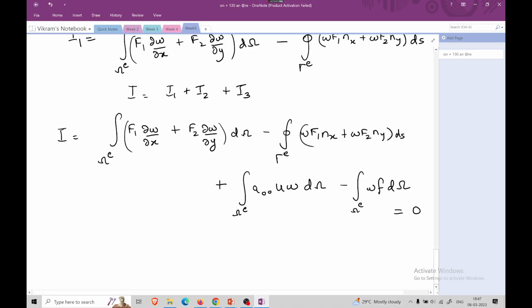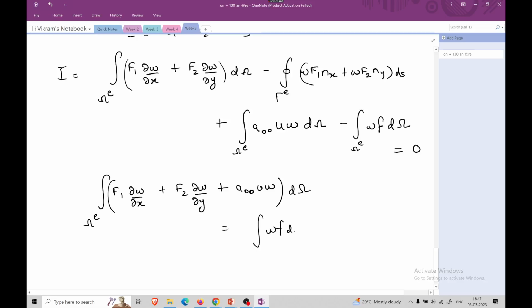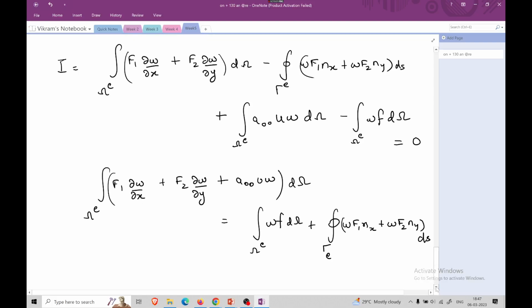I am going to retain some terms in the left hand side and some terms in the right hand side. So I am going to do it like this: the integral of f1 dou w by dou x plus f2 dou w by dou y plus a00 uw d omega is equal to the integral of wf d omega plus the boundary integral of wf1 nx plus wf2 ny ds.